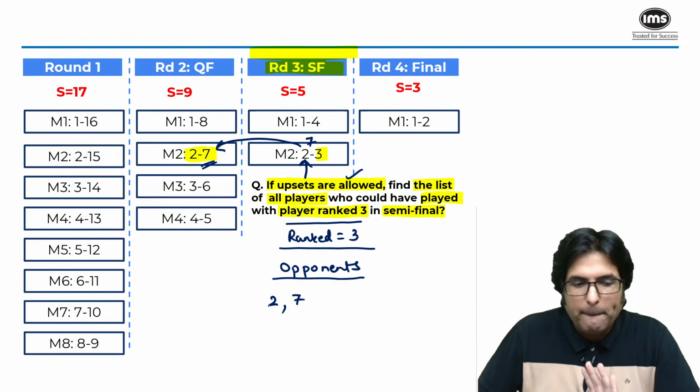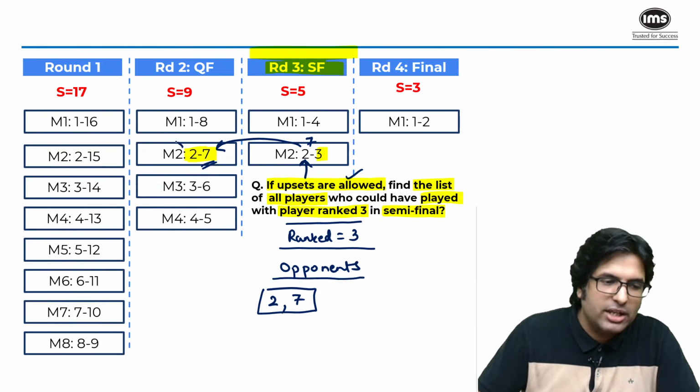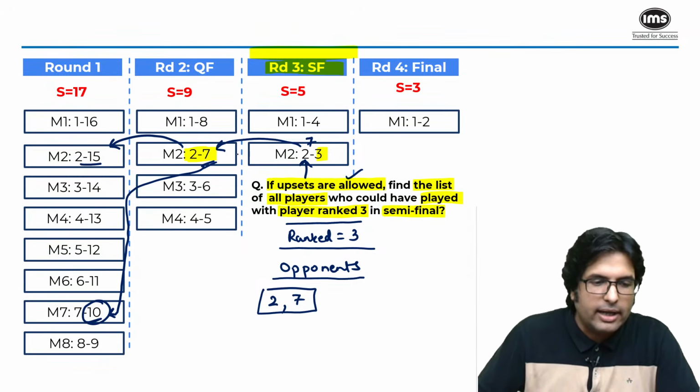So far so good. But these 2 and 7 are also playing a match in the previous round. 2 is playing a match with 15, and 7 is playing a match with 10. So can I say 10 could also win here? 10 would take the place of 7 and 10 would win here against 2. 10 could again take the place of 2. So 10 is a possibility.